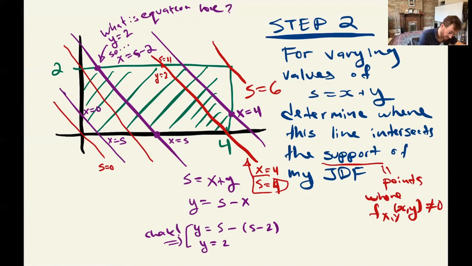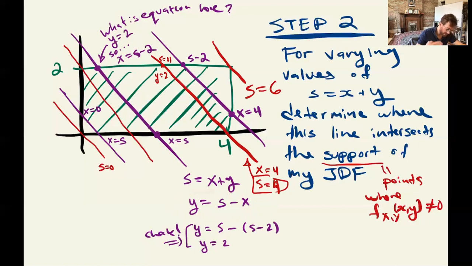Well, we get the same equation that we had actually before, which just comes from plugging in y equals 2 into this expression. So if y equals 2, then x has to equal s minus 2.